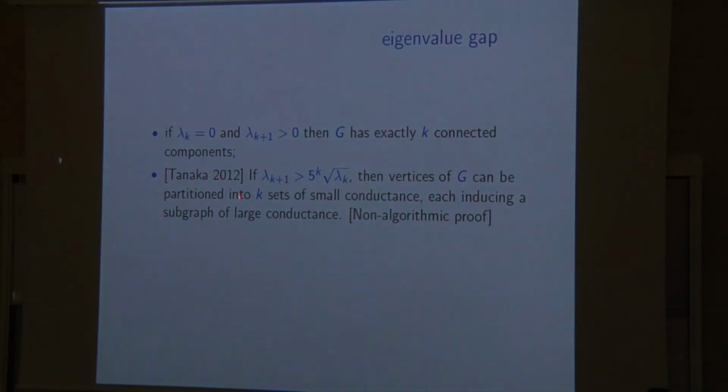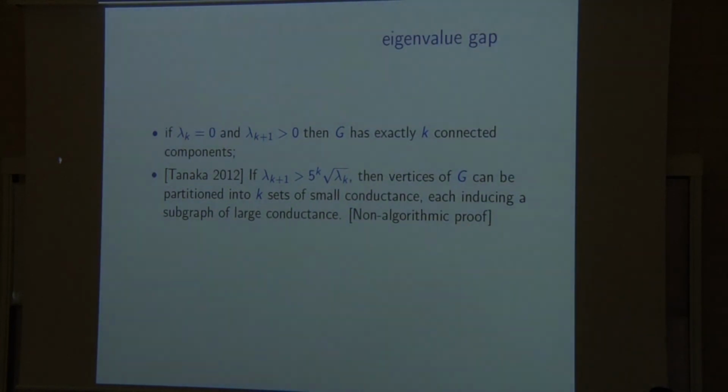Tanaka proved a bound of this form. It uses our result about lambda k being small, implying that there are k non-expanding sets. He proved that if you have at least this separation for lambda k plus 1, some kind of quadratic gap plus something exponential in k, then you have a result of this form.